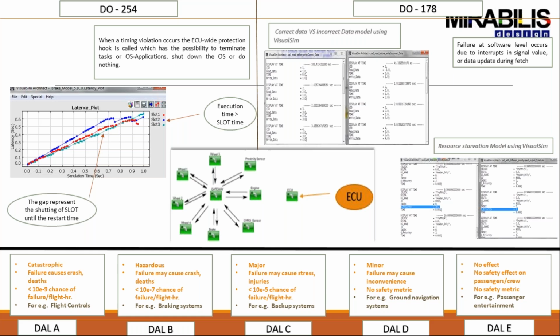So suppose DAL B corresponds to the braking system. So we display the braking system in automotive. This is very important. DAL is the level of the highest hazards that can cause a system to malfunction.